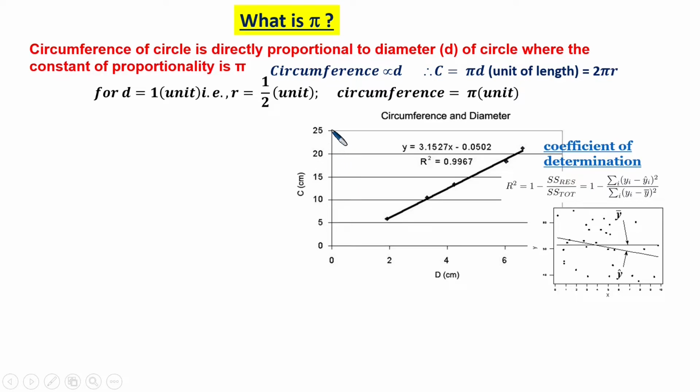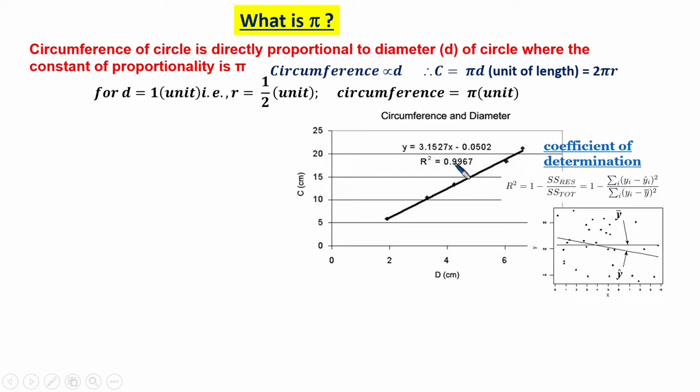If you plot circumference for circles of different diameters, you will see that the data fits a linear relation, that is y = mx + c. If you have measured very accurately, the data will fall on the line, but since you are doing it experimentally, you will make some error. The R squared tells you how much error.